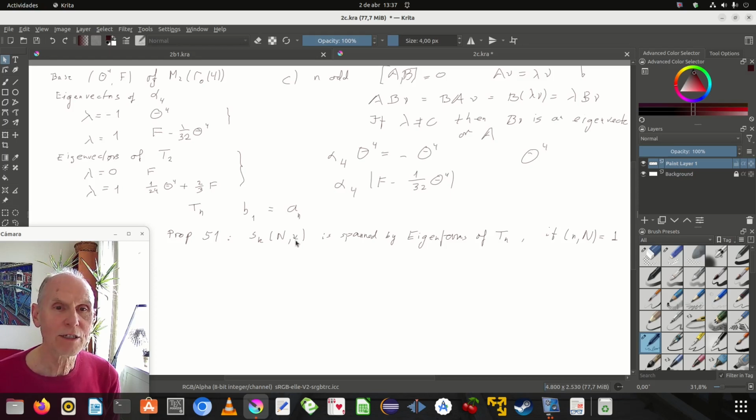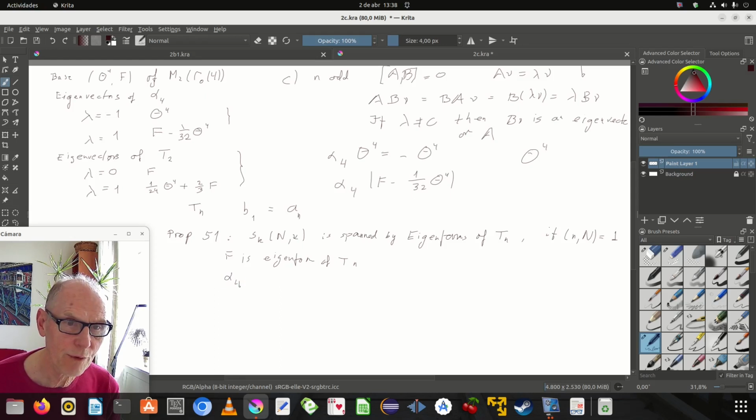In our case, the cusp space is generated by capital F. So that means that F is an eigenform of Tn. All right. And that means alpha 4 of F is as well.